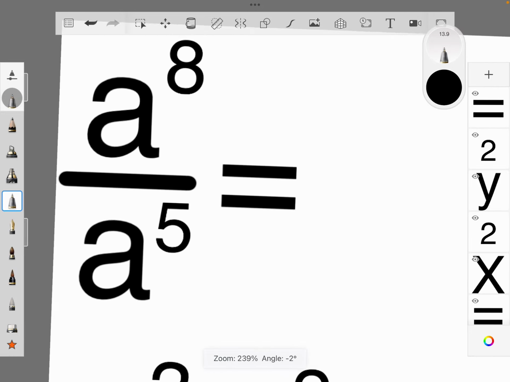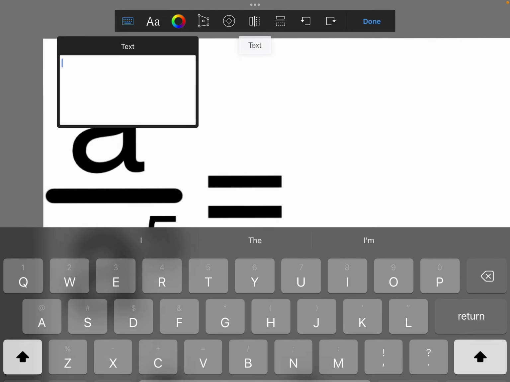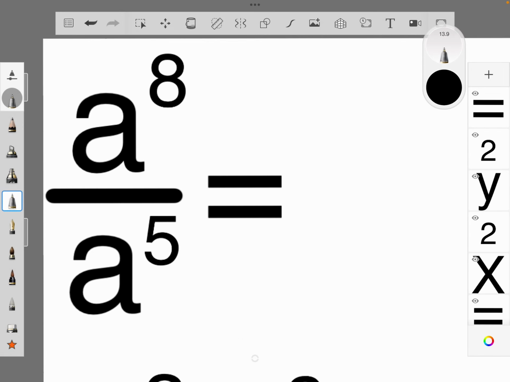So whenever you have a math problem that goes something like a to the power of 8 over a to the power of 5, and you're dividing them both, in this case it's a fraction, remember the base. I'll bring out my pen here.